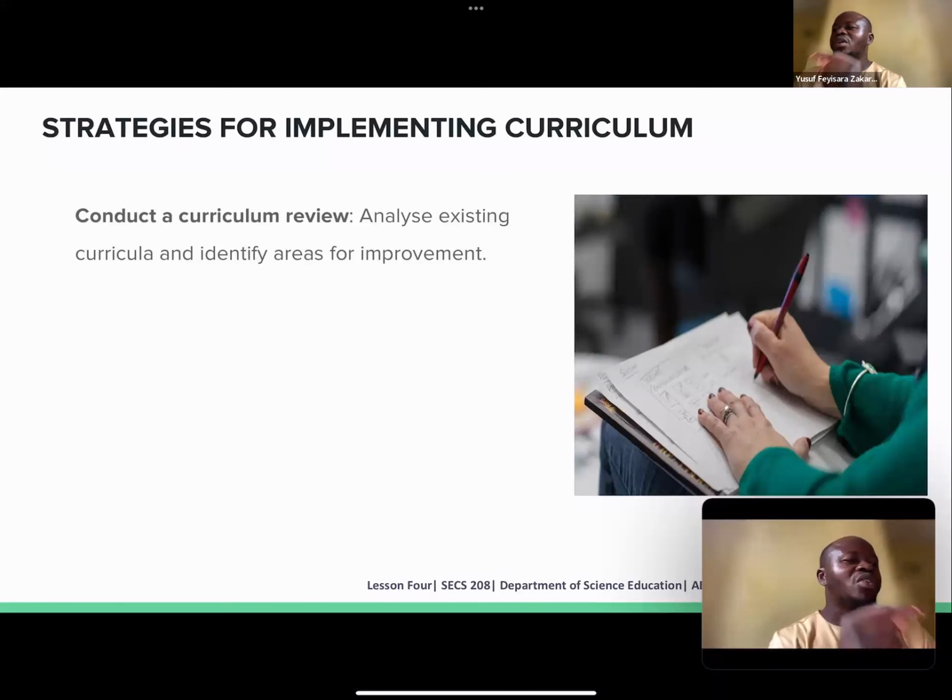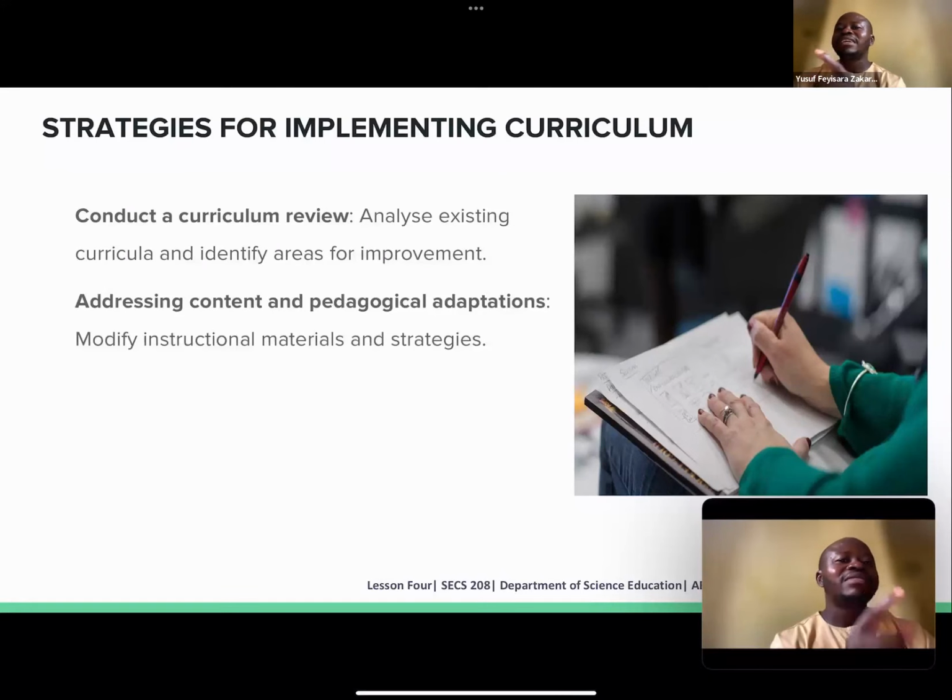For every curriculum implementation, it must start with what? Review of existing curriculum. Analyze those existing curricula very well so that you identify weaknesses where you can improve upon, and you can identify strengths where you can reinforce. Take note, conduct a curriculum review. The 2nd is addressing content and pedagogical expectations.